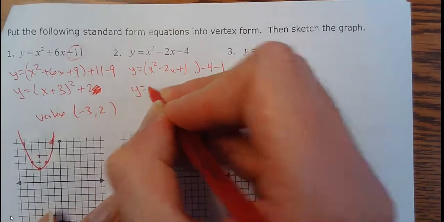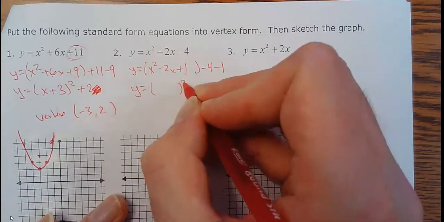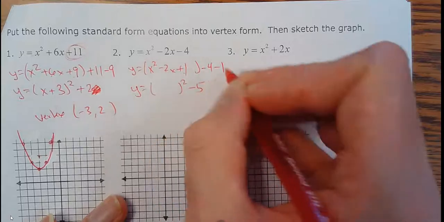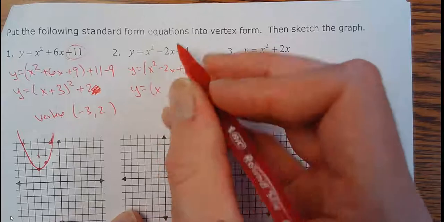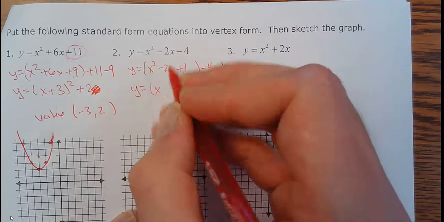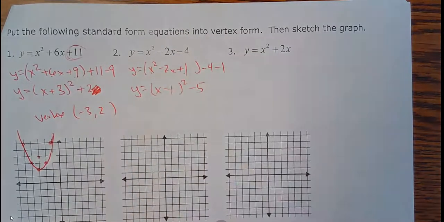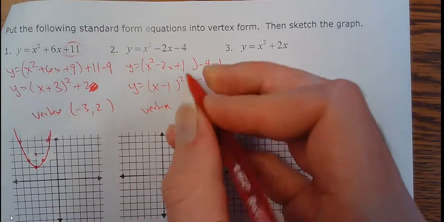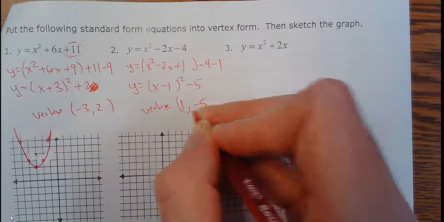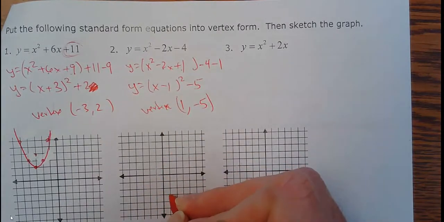Okay, so I got a binomial squared. Over here I got -5 hanging out on the end. But what binomial times itself would equal this? The trick, divide -2 by 2, so -1. So the vertex would be at 1, -5.